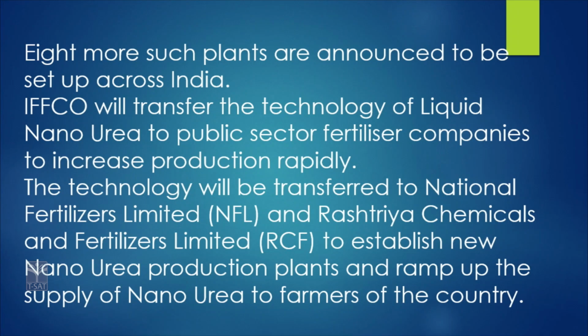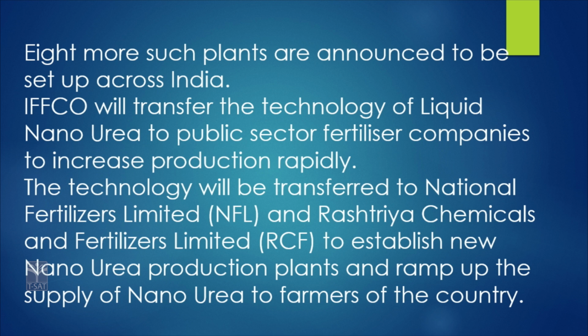This is the development, and IFFCO will transfer the technology of liquid nano urea to public sector fertilizer companies to increase the production rapidly. The technology will be transferred to the National Fertilizers Limited, NFL, and Rashtriya Chemicals and Fertilizers Limited, RCF, to establish new nano urea production plants and ramp up the supply of nano urea to farmers of the country.